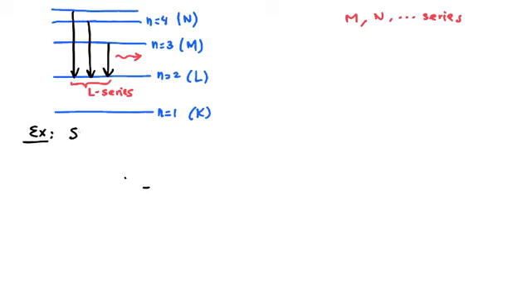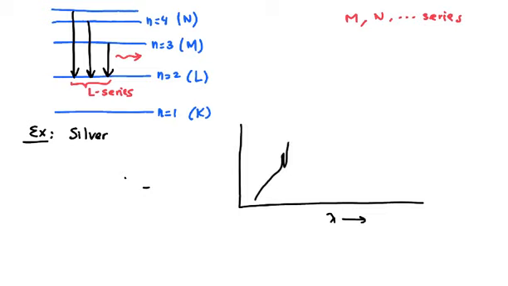Let's look at an example for silver. If you look at the characteristic X-ray spectrum for silver, you will see that you get a series of wavelengths which are called the K series, and then you also get the L series, and at higher wavelengths you get the M series also.